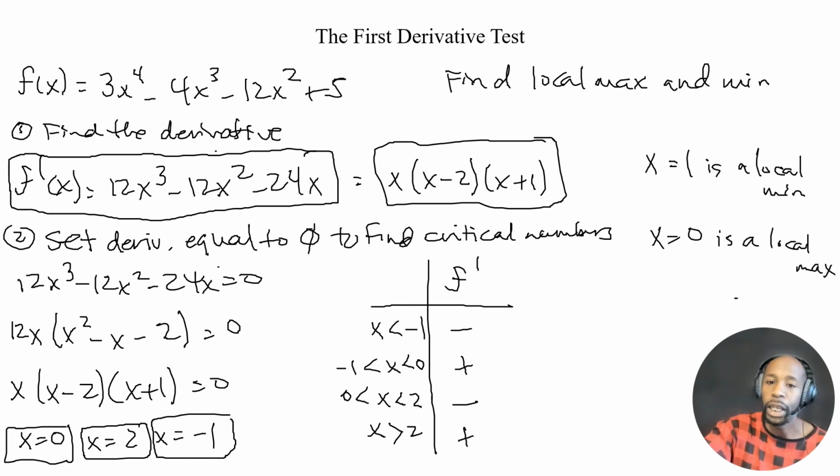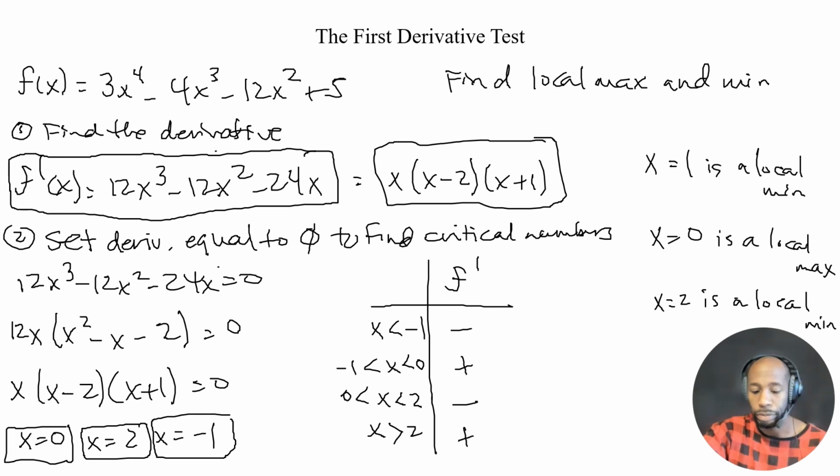And then finally, we have our third critical point, which is x equals 2. For x equals 2, on the left side it is negative and on the right side it is positive. So it goes from negative to positive, so that means this is a local minimum.